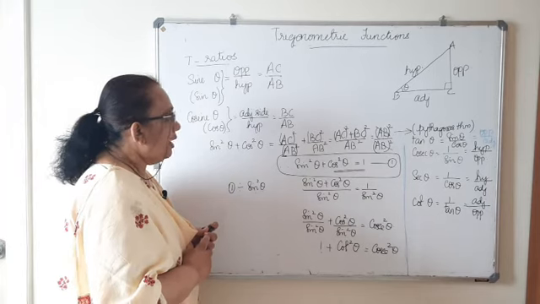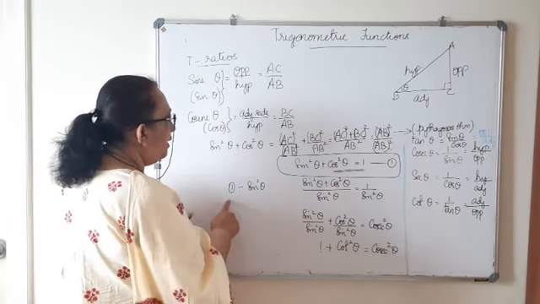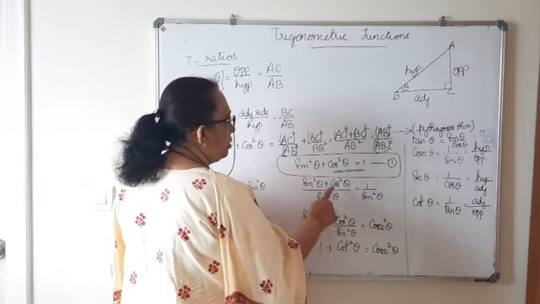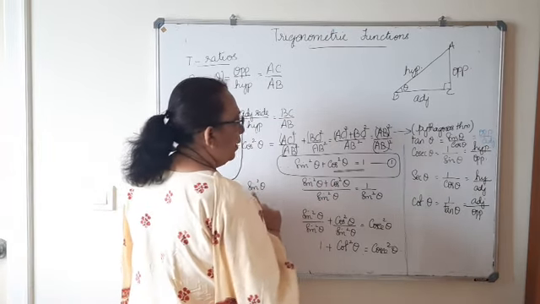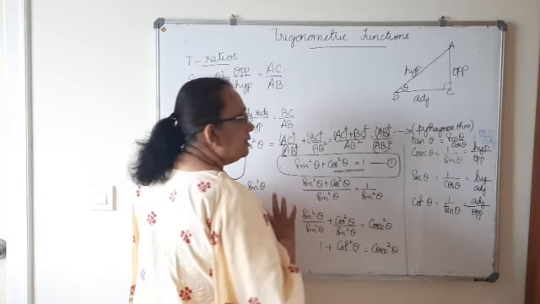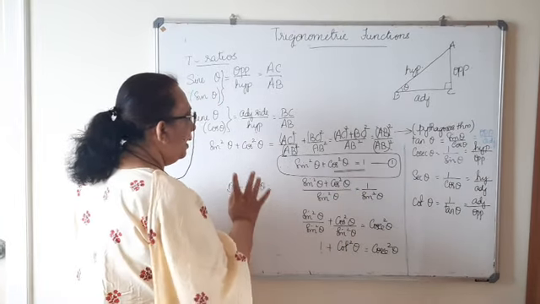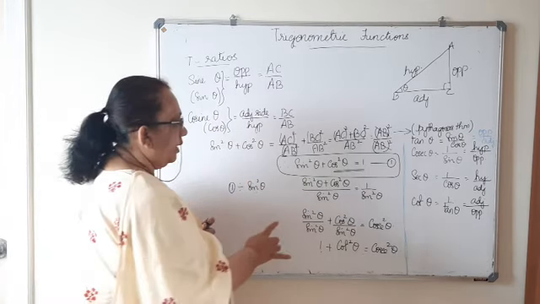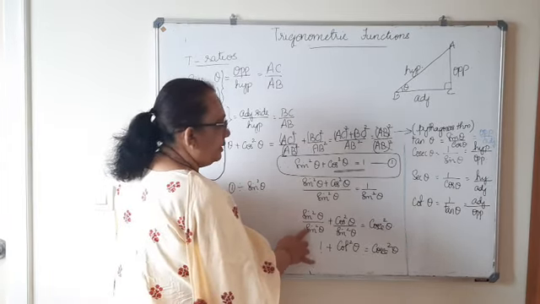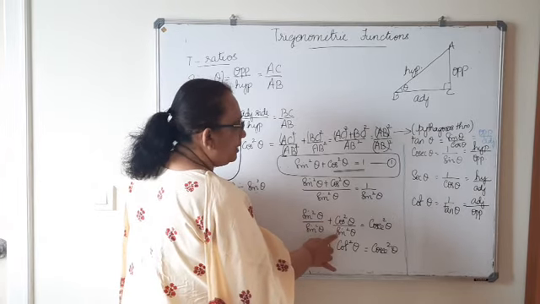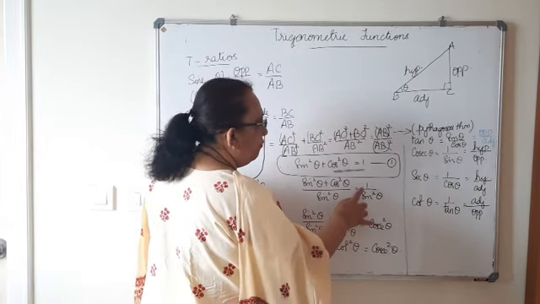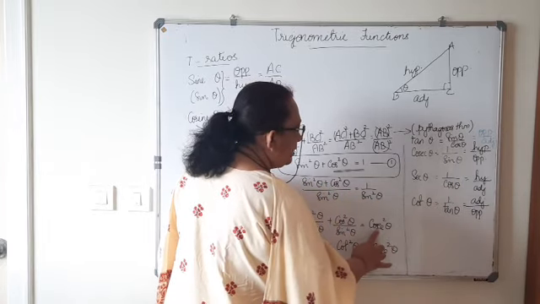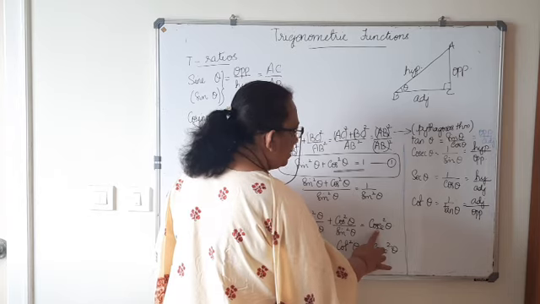Sin squared theta plus cos squared theta is equal to 1. Now, equation number 1, you are going to divide both sides by sin squared theta. That is sin squared theta plus cos squared theta divided by sin squared theta is equal to 1 by sin squared theta. What am I doing? I am doing equation 1, both sides I am dividing by sin squared theta. That is sin squared theta by sin squared theta plus cos squared theta by sin squared theta is equal to 1 by sin squared theta. 1 by sin theta is cosec theta, so 1 by sin squared theta will be cosecant squared theta.